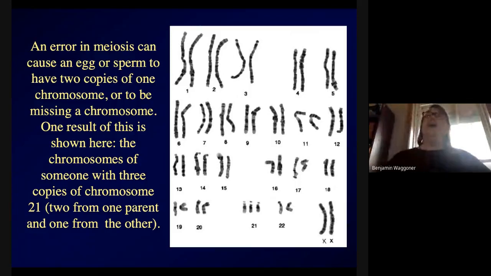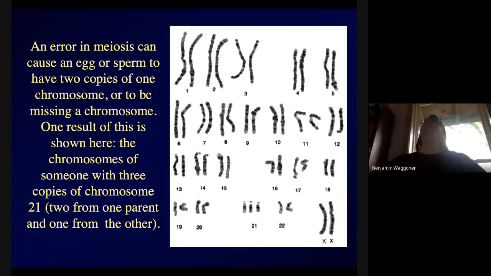A zygote that just happened to get 2 copies of chromosome 1 from one parent plus a third from the other parent would probably end up miscarrying, quite possibly before the woman is even aware that she's pregnant. You will occasionally get babies born with 3 copies of chromosome 14 or 3 copies of chromosome 18.